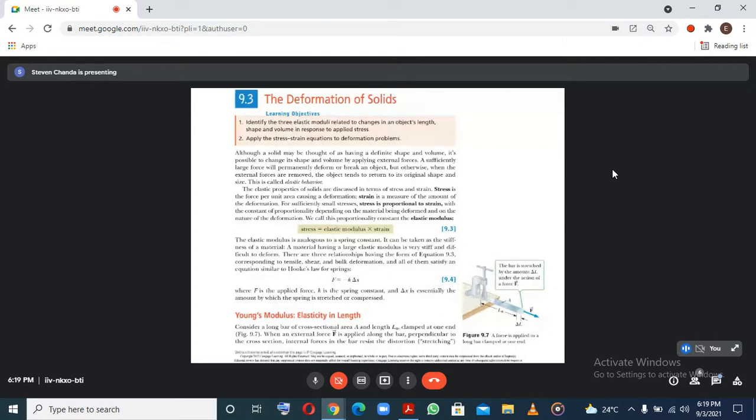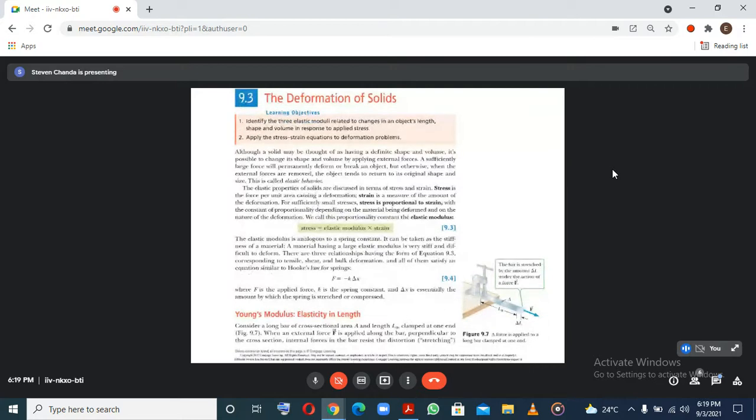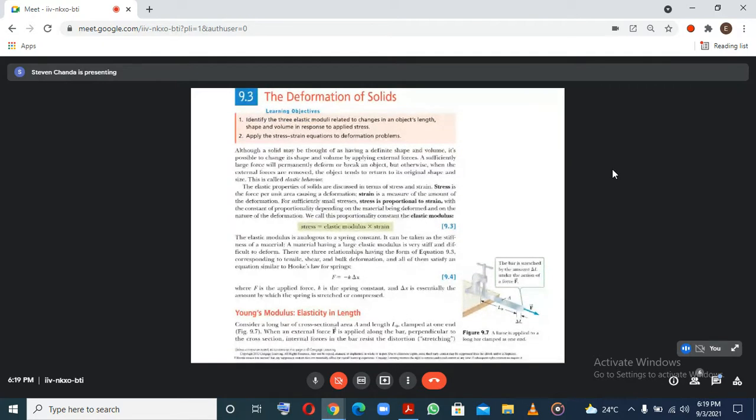But if the forces which have been used are too large, this particular solid can actually lose its integrity.